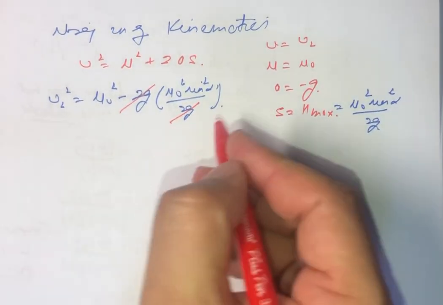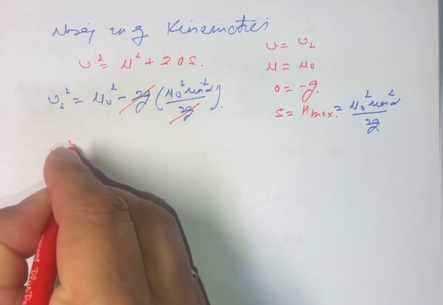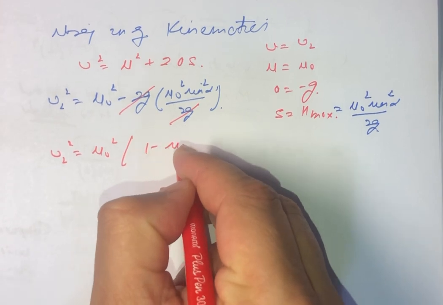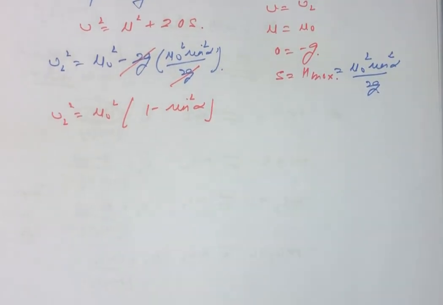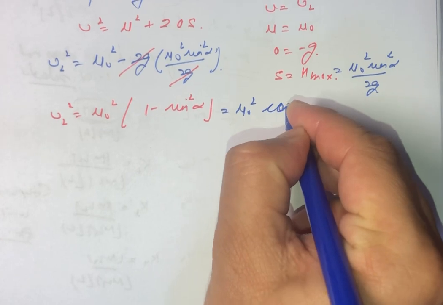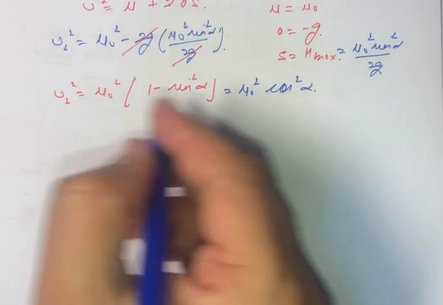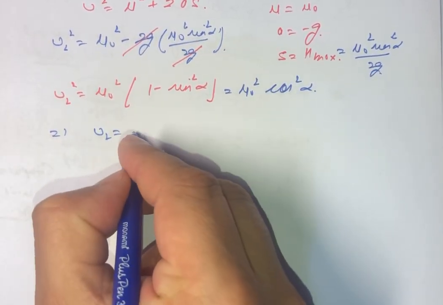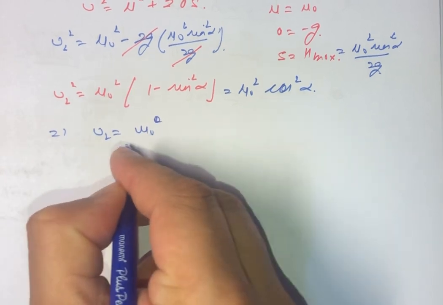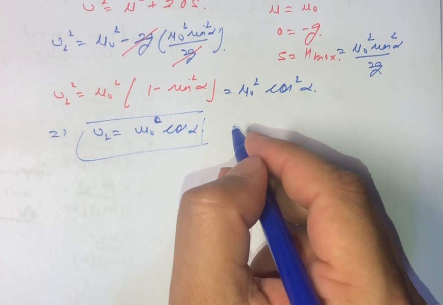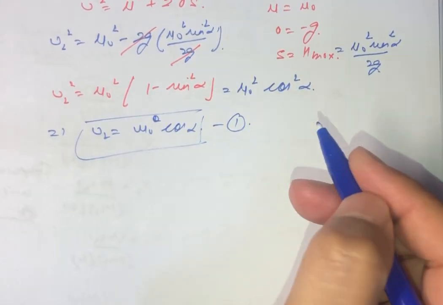The 2g cancels out, so we can write this as V2 square is equal to u naught square, taking it as common, into 1 minus sine square alpha. 1 minus sine square alpha is cos square alpha, so this will be equal to u naught square cos square alpha. Therefore our V2 is u naught cos alpha. Let us call this equation 1.